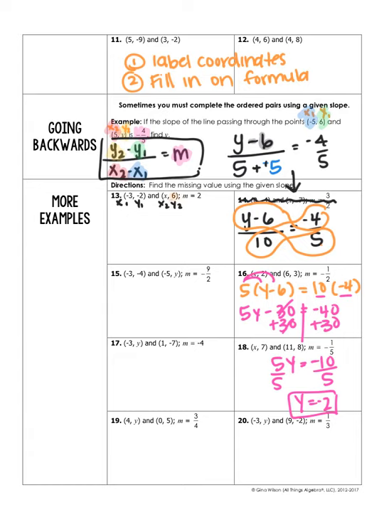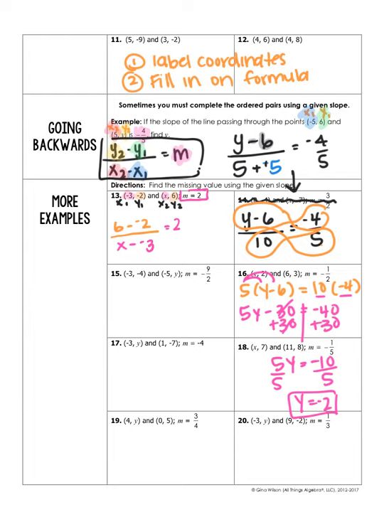So y2 is 6, so 6 minus. My y1 is negative 2, so 6 minus negative 2 all over. My x2 is x minus my x1 is negative 3. And it equals our slope, which is 2.